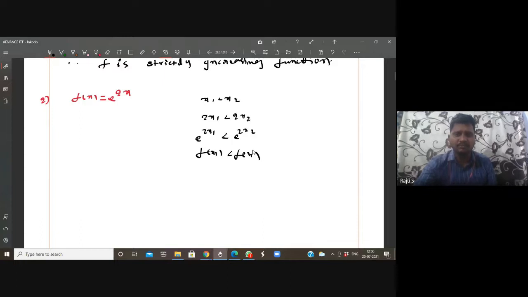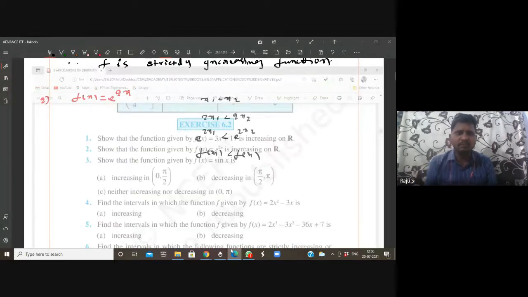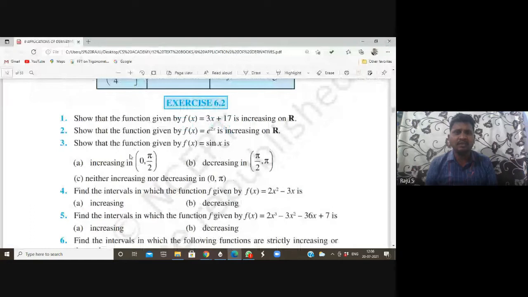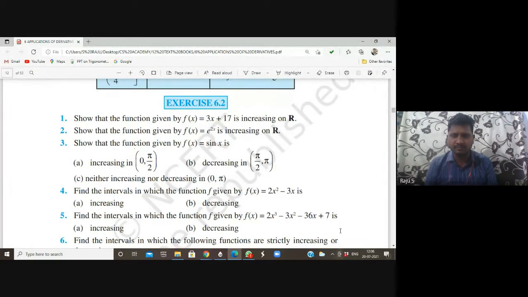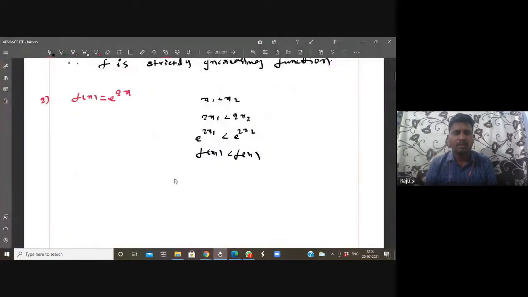Then third one. So what about the third question? Show that the function sin x is increasing in 0 to pi by 4. Already we have seen it is clearly increasing, but how to write the steps? Third one is f of x is equal to sin x.